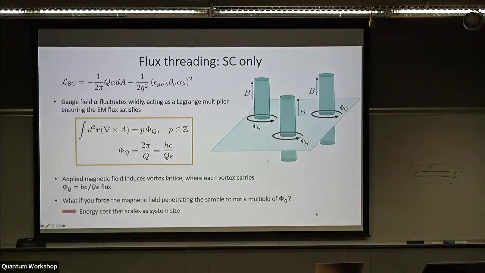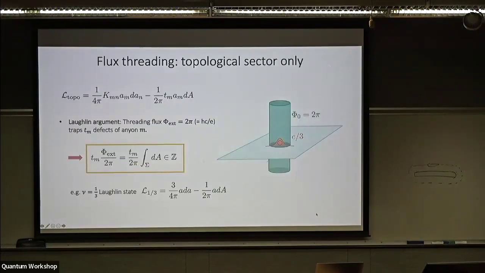Now, if you actually sort of put a hole in your system and start threading arbitrary flux through that, you can do that, but your system's not going to be happy and it'll have a huge energy cost. So when we want to talk about fluctuating excitations, these are the vortices that are the correct sort of units to be discussing.